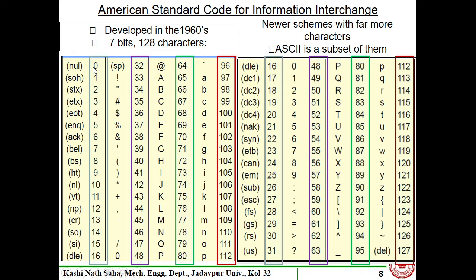For any array index, C starts from 0, MATLAB starts from 1. That is one of the fundamental differences between these two.